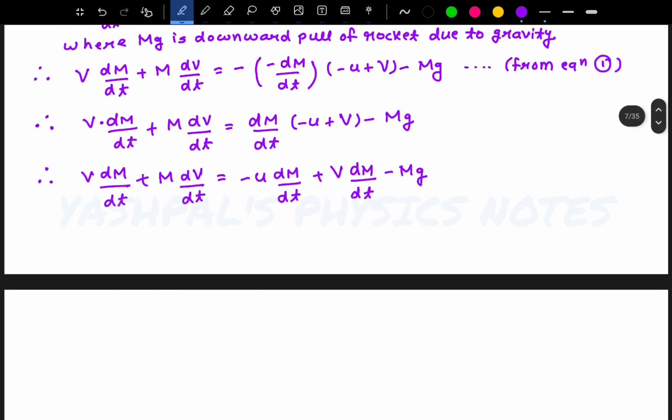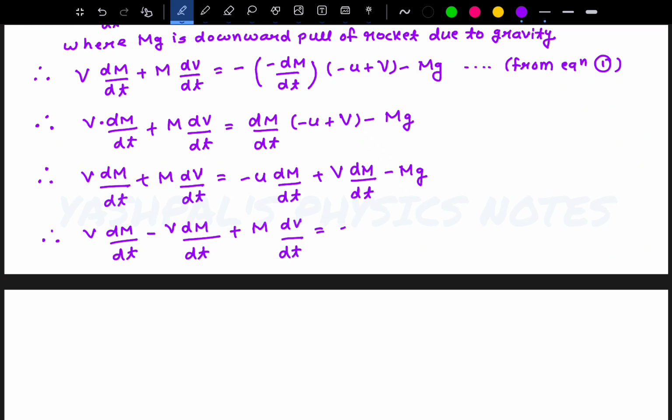Now you can see there are two terms in the above equation: V dM by dt, and the same term is on the RHS, the right hand side, V dM by dt. So I am doing the arrangement. I can transfer this term to the LHS, and it will become minus V dM by dt. Writing the remaining term as it is, M dV by dt is equal to minus u dM by dt minus Mg.